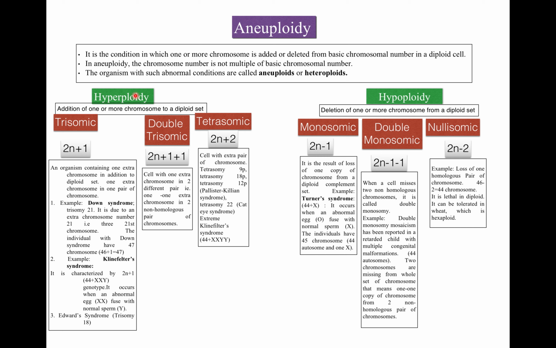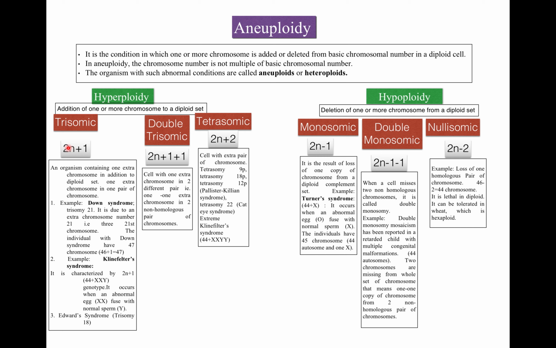So first I will discuss hyperploidy. Hyperploidy means addition of one or more chromosomes to a diploid set. It may be trisomy, double trisomy and tetrasomy. So first is trisomy. It is 2n plus 1. 2n means 46 chromosomes or two sets of chromosomes. 2n means diploid.